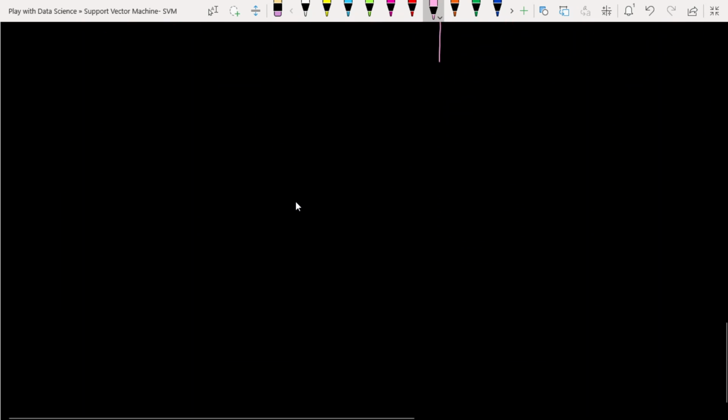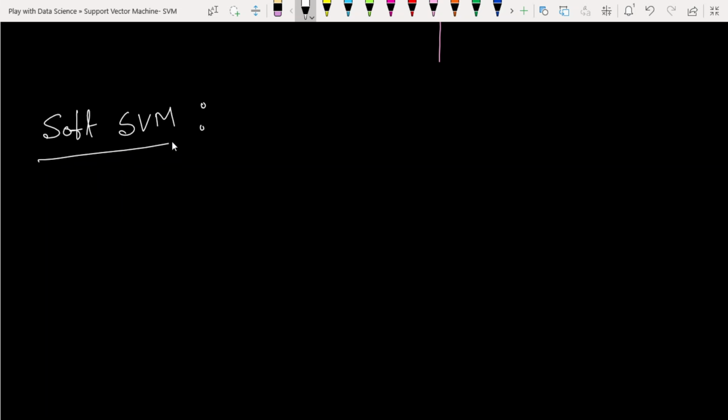Now just write down the soft margin SVM equation. In the optimization, we are interested in minimizing norm w squared by 2 plus the sum of our zeta. I am omitting the average term and simply taking the total sum.